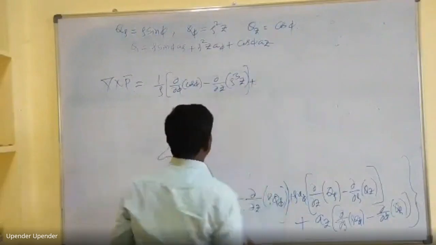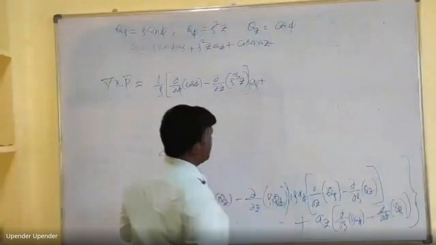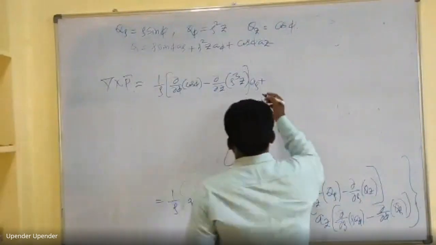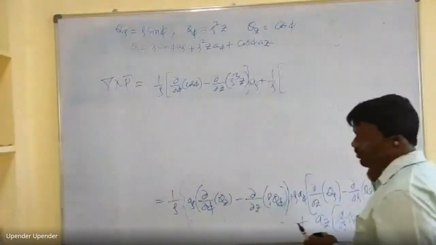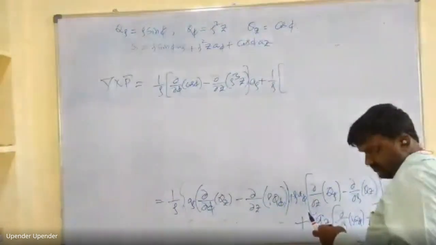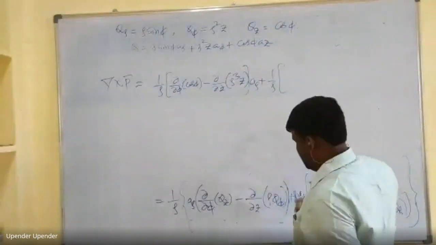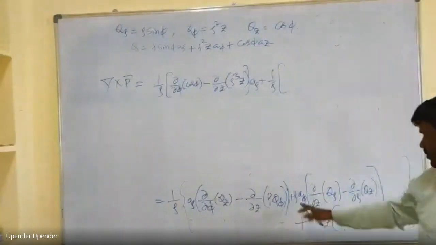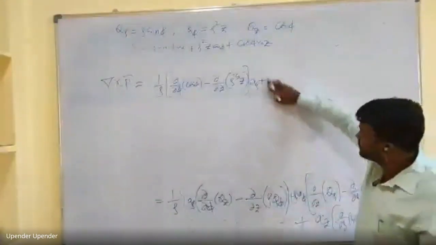Plus, of course, I have to write the unit vector a pi. Plus 1 by rho into, what you have here, rho into a pi. Of course, that 1 by rho, this rho is cancelled out.